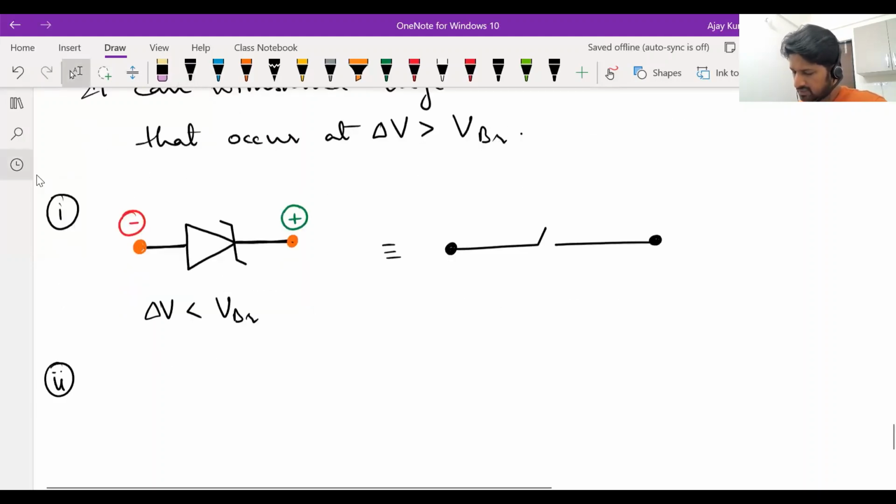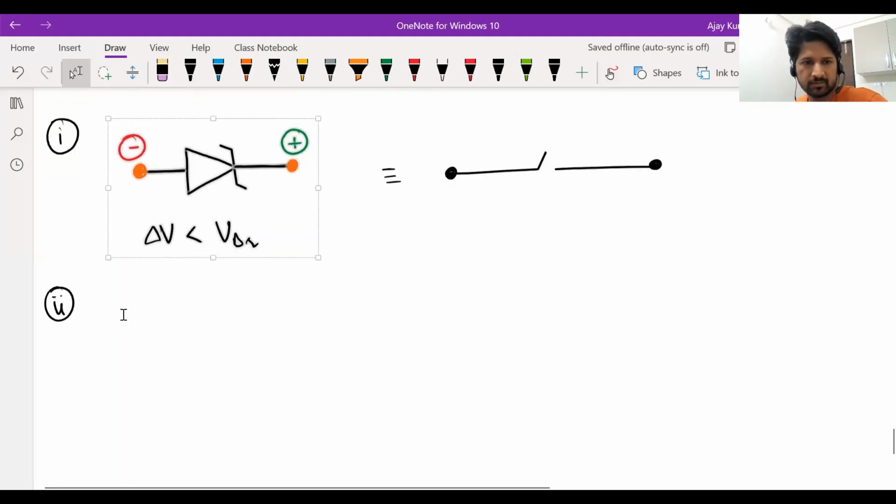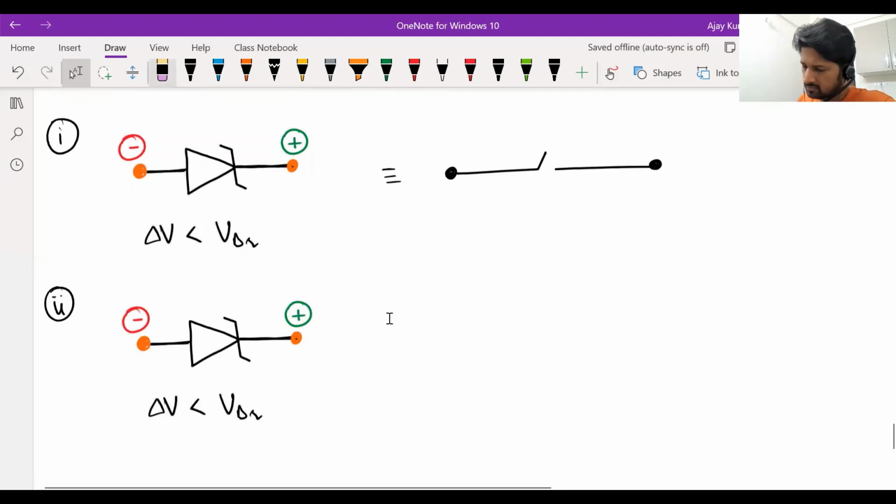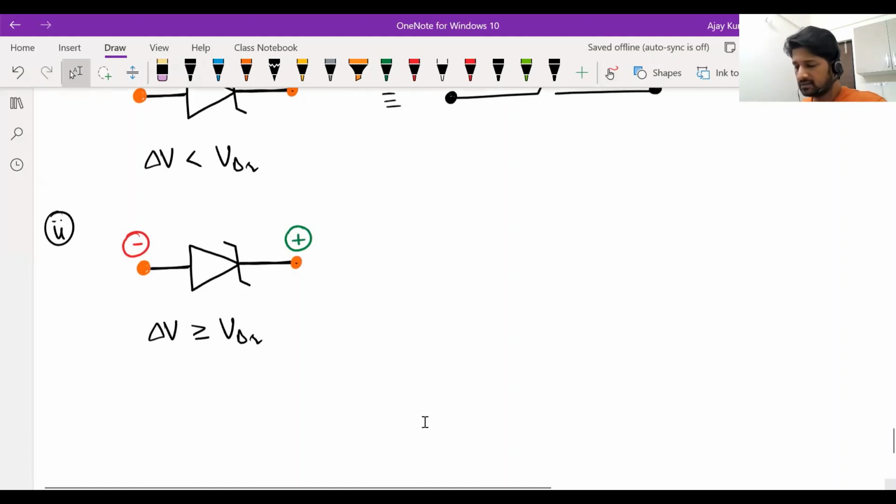But if the applied voltage is greater than or equal to the breakdown voltage, then what happens? Actually, you cannot apply a large voltage. Like the way it is used in a circuit, the Zener diode won't allow the voltage to become significantly greater than the breakdown voltage. Okay, you'll understand how.